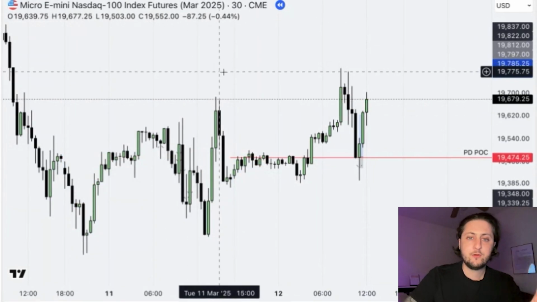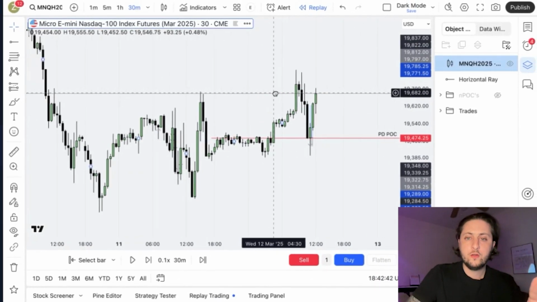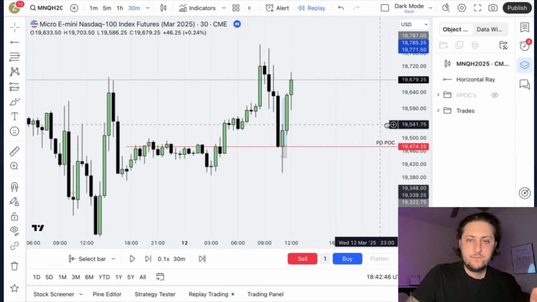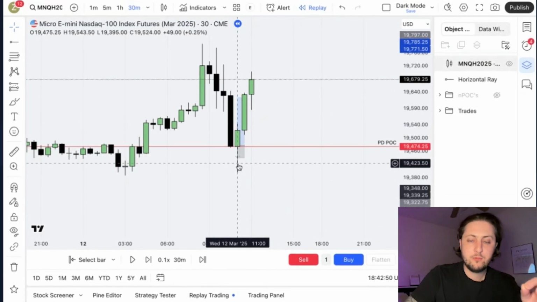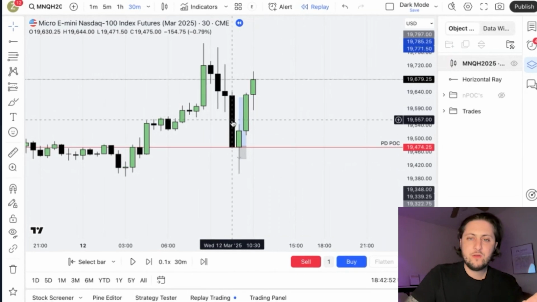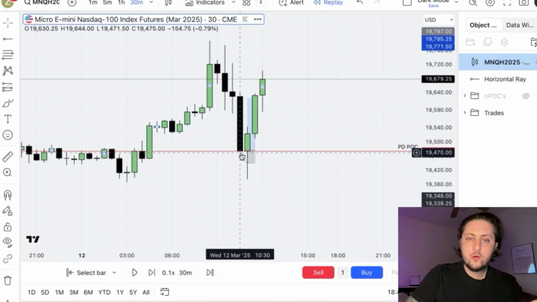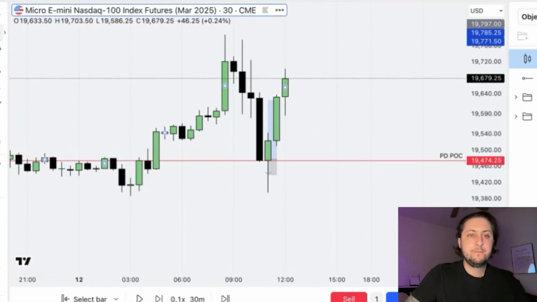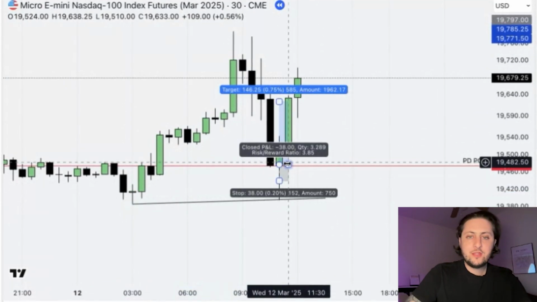So that's number 3. We have been trading above the previous day's point of control all day. If we look at this 30-minute time frame, look how well the candles respect the previous day's point of control. We come down with a lot of force, a lot of momentum here, almost get a closure beneath it, but we can't. Then we dip lower. We put in the SMT divergence, but what do we do on that 30-minute?